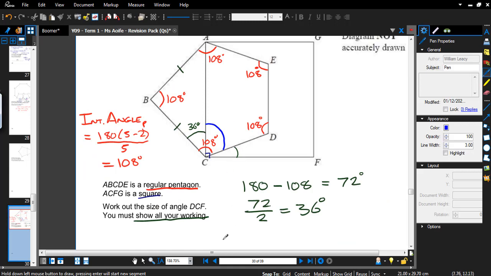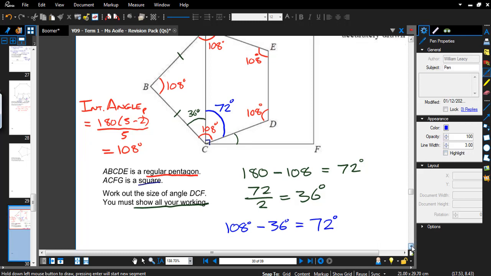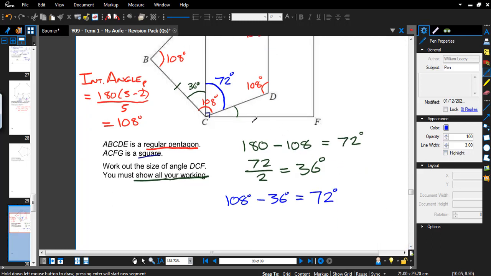So we can go 108 degrees minus 36 degrees, and that's 72 degrees. There's a couple of ways you can do this question though. That's 72 degrees, but that's a right angle down there. So we know 90 degrees minus 72 degrees is going to give us the green. I shouldn't put a green actually because I want to color coordinate.